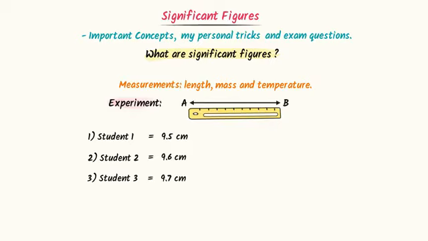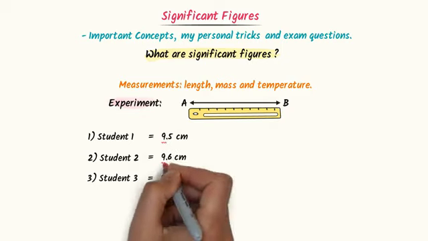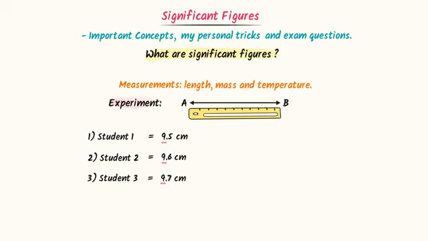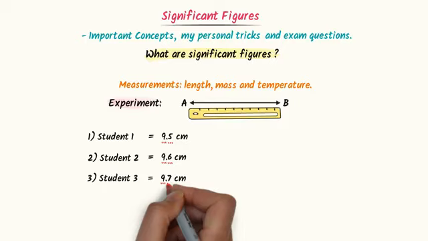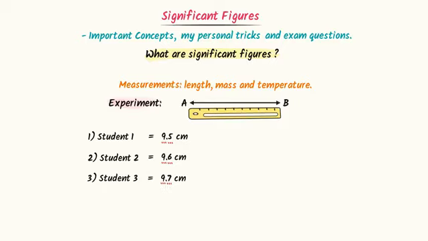Now observe carefully what is happening here. All 3 students agree on 9 centimeter, but they disagree about the next digit. One says 5, one says 6, and one says 7. Now pay very close attention. This tells us something very important.